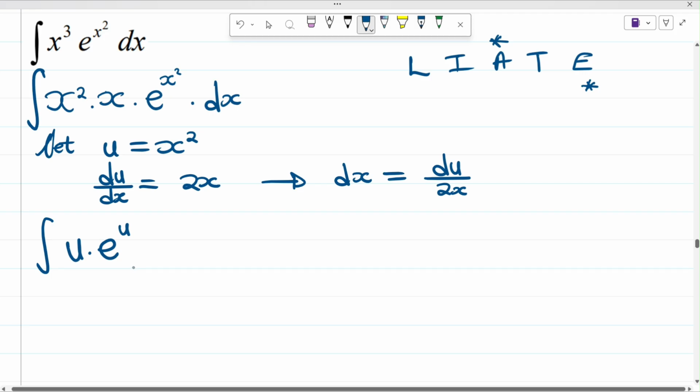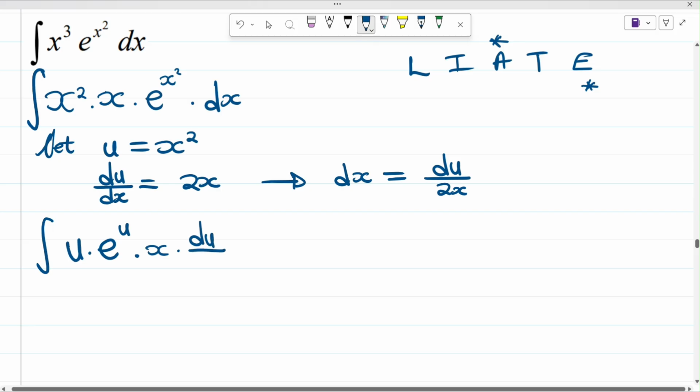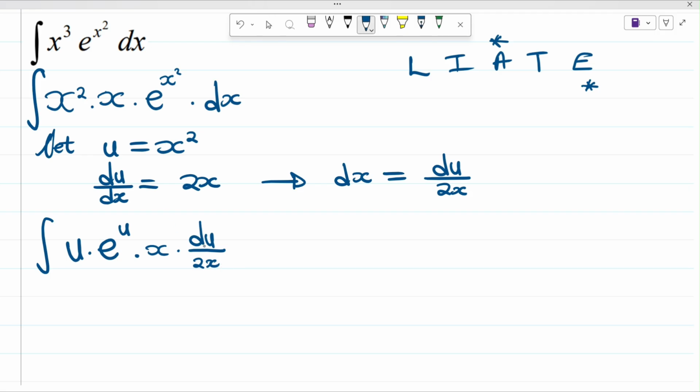Now I have x and dx, and dx is equivalent to du over 2x, meaning the x and the x are gonna cancel out, and we're only gonna be left with du over 2.